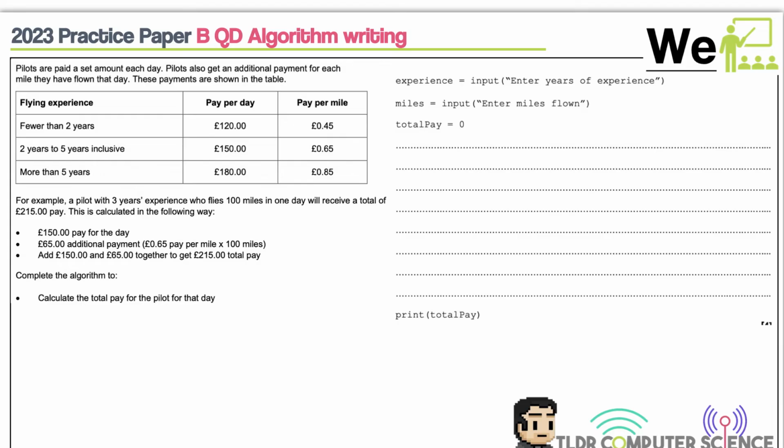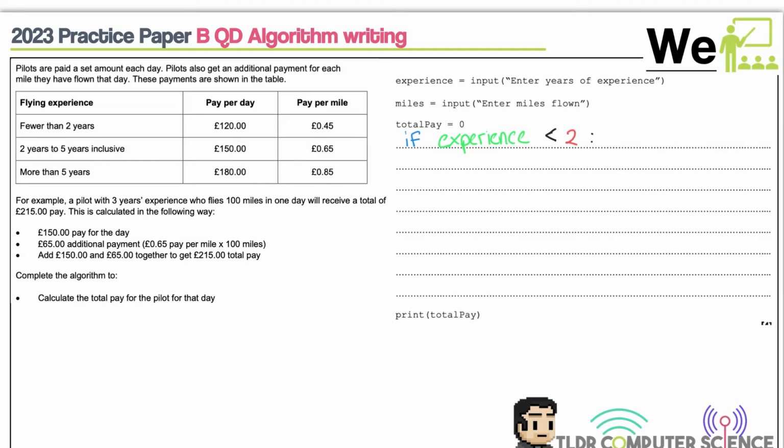And why don't we first of all talk about catching this one here, fewer than 2. So what are we testing for? Well, the variable we're testing for is the number of years, and that's going to be stored in this variable here, experience. We're testing to see if it's less than 2 years, and if you read it, it's not less than or equal to, it says less than 2 years.